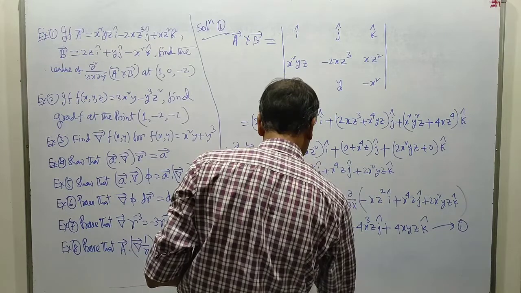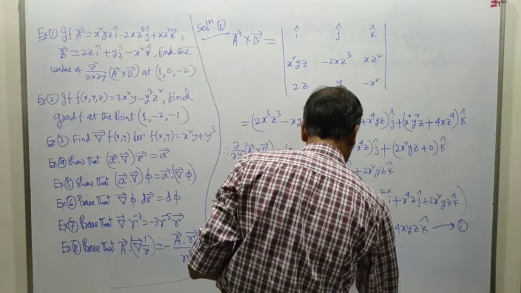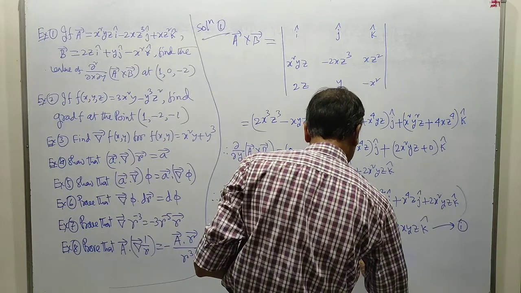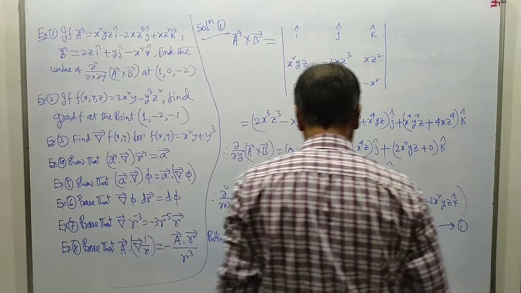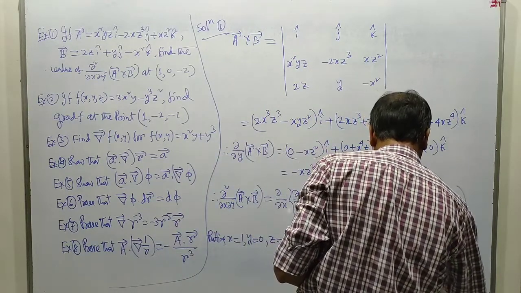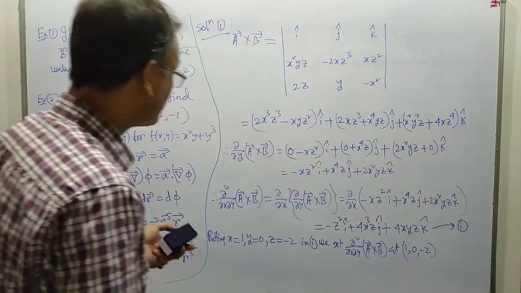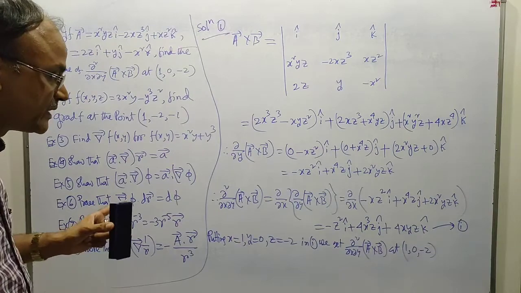In 1 we get delta 2, delta x, delta y of A cross B at 1, 0, minus 2.